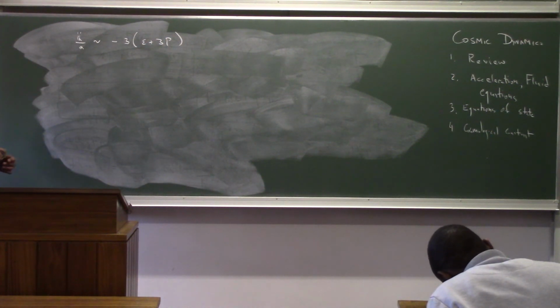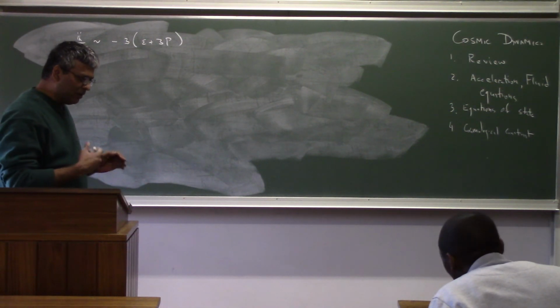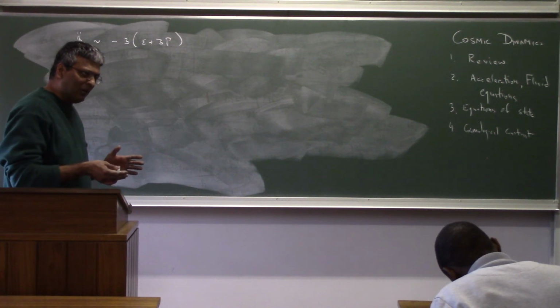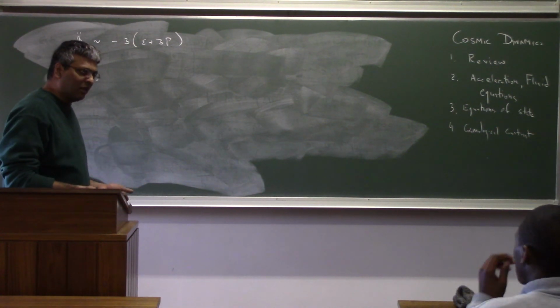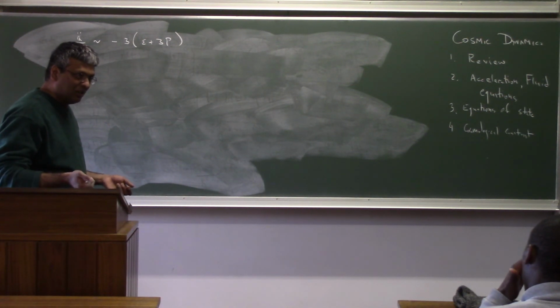Why do we say there's only two independent equations? Because we start with the Friedmann equation, and then we use the fluid equation: we manipulate the Friedmann equation, use the fluid equation, and we get the acceleration equation. So the acceleration equation is not an independent equation.